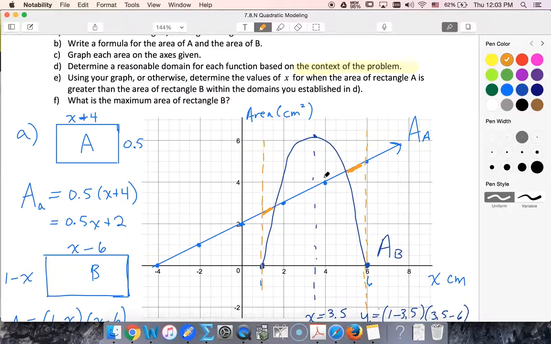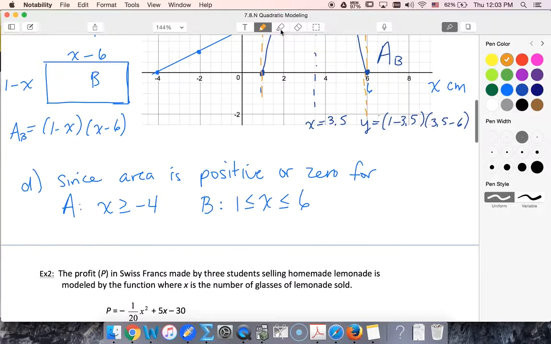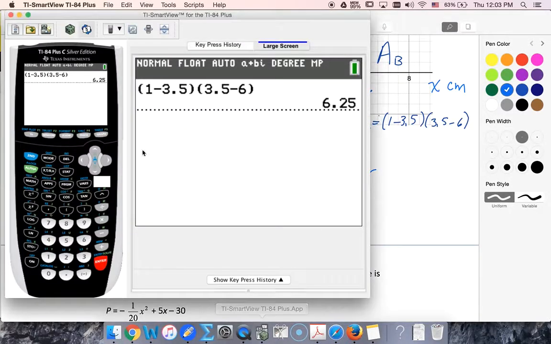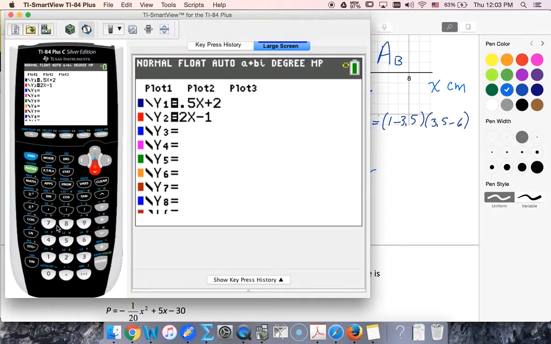So I need to find these points of intersection. I can do that by using my calculator to find the points of intersection. So we have half x plus 2, or we have 1 minus x times x minus 6.